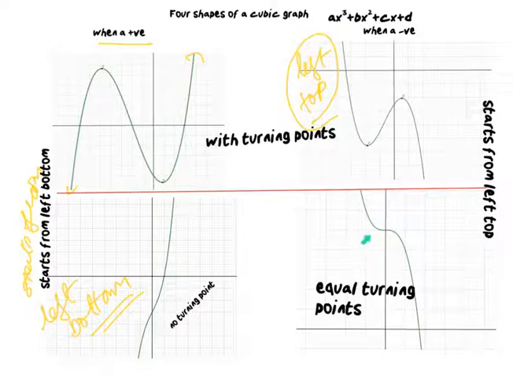However, the graph here on the right bottom is different from the left one. On the left-hand side, definitely there are no turning points, but here there are turning points that we can't see distinctly. Actually, there are 2 turning points in a cubic graph, but they coincide, they are equal here. That is why the shape is different from the one on the left-hand side. So this is the summary of the 4 shapes of a cubic graph.